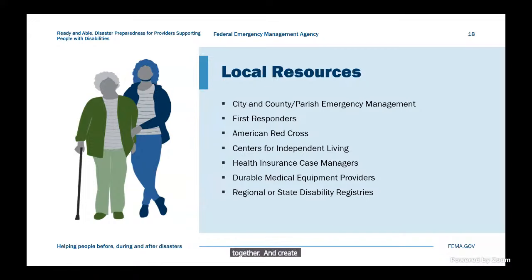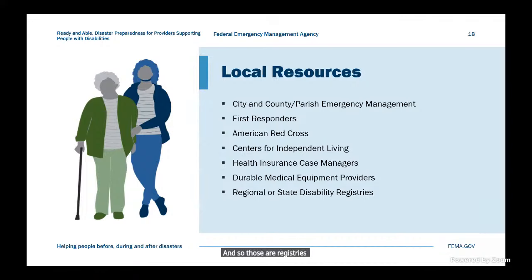So the last thing I'll mention, so that we have time for the activities, is that there are some regional or state disability registries. Those are registries where people with disabilities can sign up to get extra assistance in emergency situations.